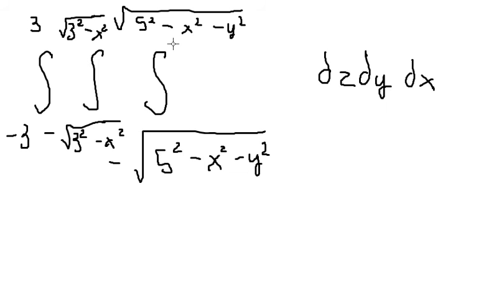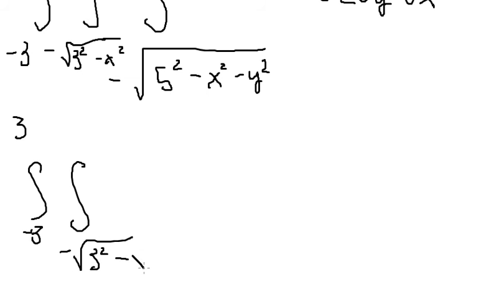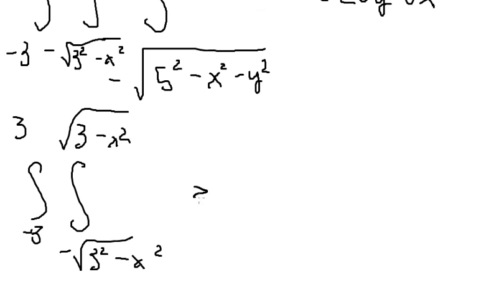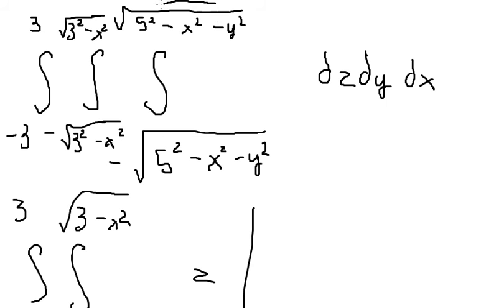Now we need to calculate this one. We have the dislodged volume, so we just integrate nothing in here, so that should be z, and we have the bounds from this one to this one.